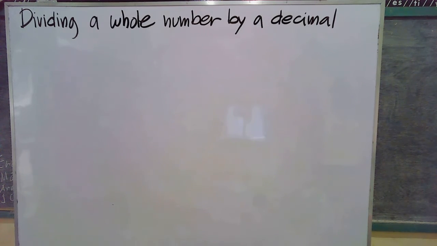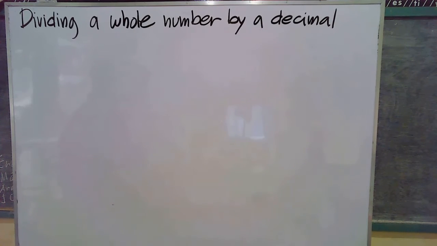So what are the steps? To divide a decimal by another decimal number, or divide a whole number by a decimal number, the first thing to do is count the number of decimal places in the divisor and make the divisor whole.